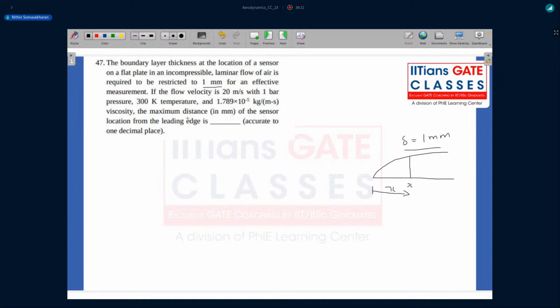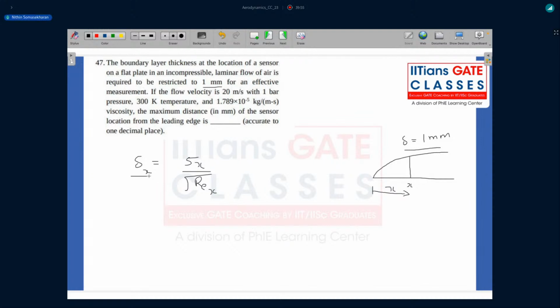work properly. So for this calculation, you can use your standard solution for the boundary layer thickness of a laminar incompressible boundary layer, which at any given location from the leading edge on a flat plate is nothing but 5 times x divided by root of Re_x, where Re_x is the Reynolds number in terms of x.